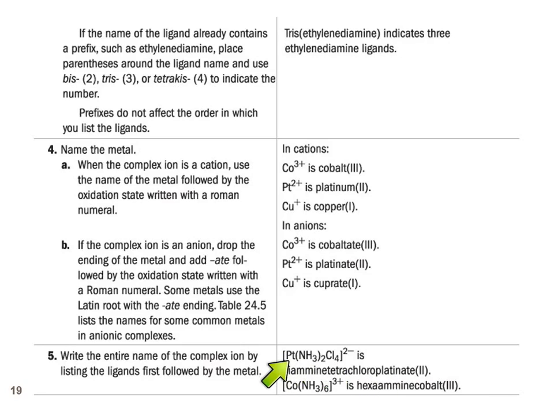And so Pt(NH3)2Cl4 2-. This is an anion, and so it's got platinate at the end. We can tell from the number of chlorides and their charges and the overall charge that it's platinum(IV). And so this is diamminetetrachloroplatinate(IV).